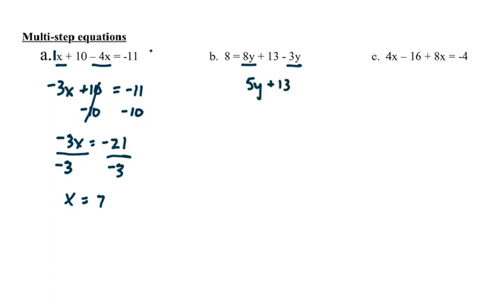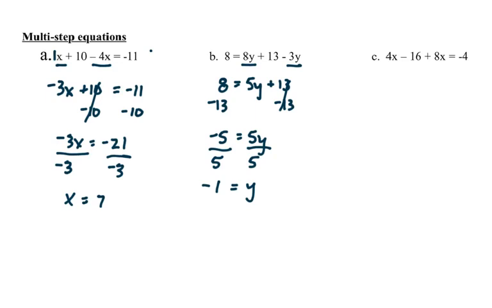The plus 13 comes down, and the 8 we didn't do anything with either. So now we're going to solve this like a normal two-step equation. Minus 13, getting things away from the y. Negative 5 equals 5y, and we will divide by 5 to get negative 1.